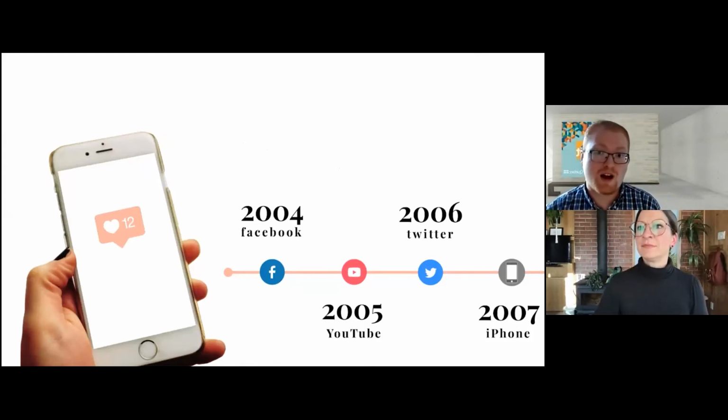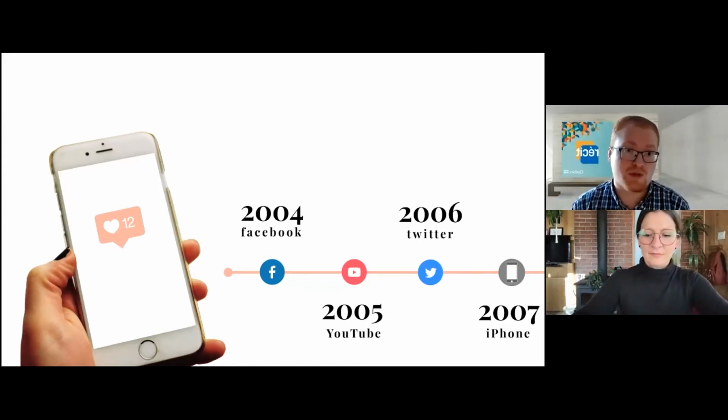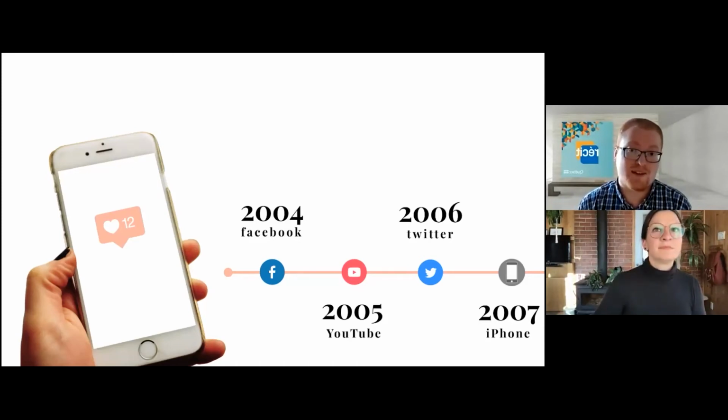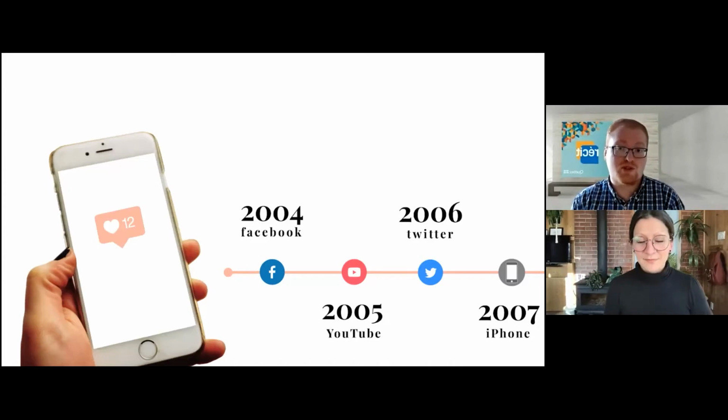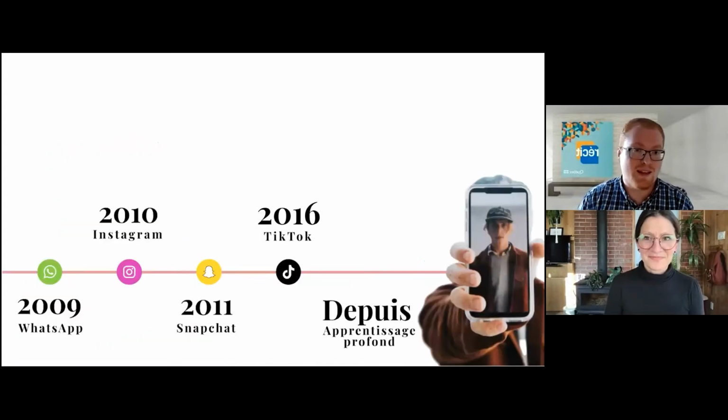So social media have been around for some time, but it's worth going back to the beginning of this history. The first social media platform that has appeared that is still in existence today is Facebook, founded in 2004. Then things developed quite quickly. YouTube in 2005, Twitter in 2006. The iPhone was launched in 2007, which gave us mobile access to these social media, allowing social media to follow us in our day-to-day life much more easily than through a computer.